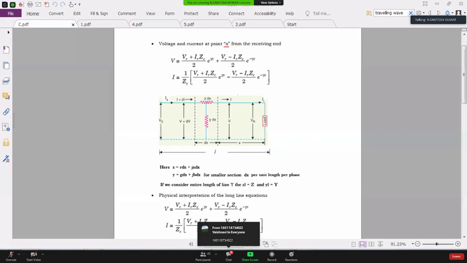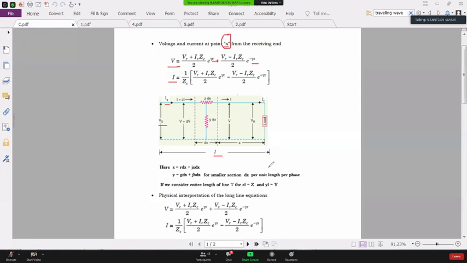So if you see here, these are the voltages and currents at point X. Please try to understand. This is a very, very important concept, right? If I want to find the sending end voltage and sending end current, what am I supposed to do? Just replace X with L, which is nothing but the total length of the line.